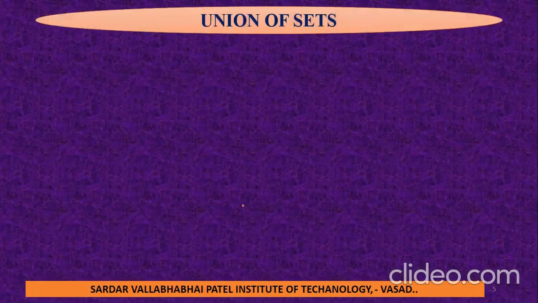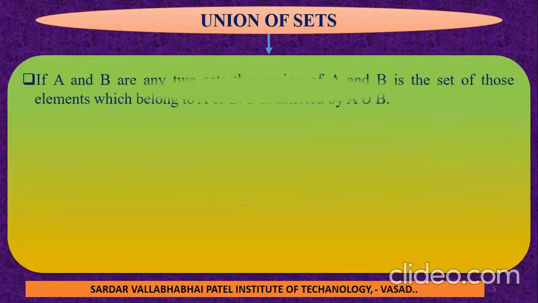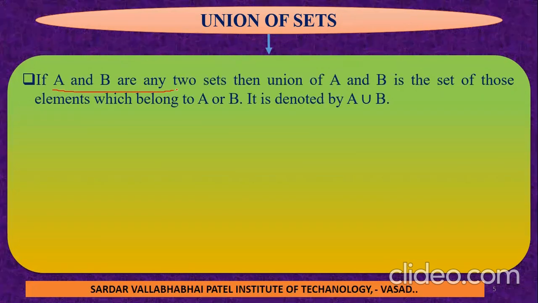Now next, the union of sets. If A and B are any two sets, then the union of A and B is the set of those elements which belong to A or B. It is denoted by A union B, and this is the symbol of union.